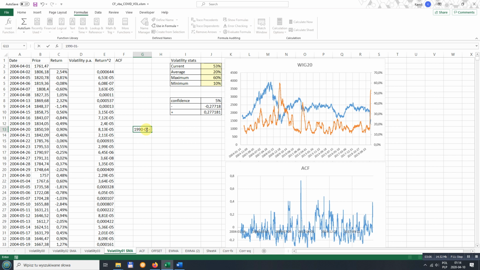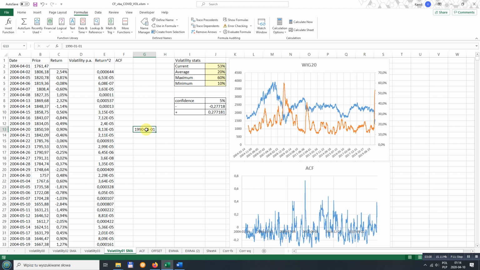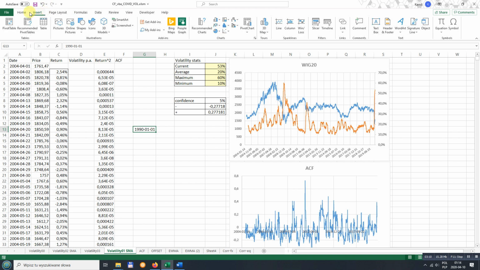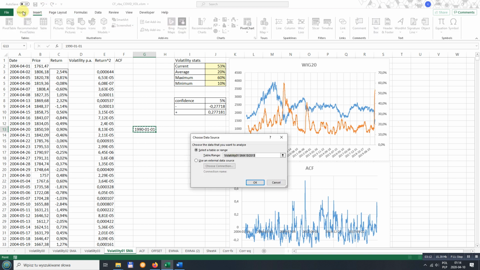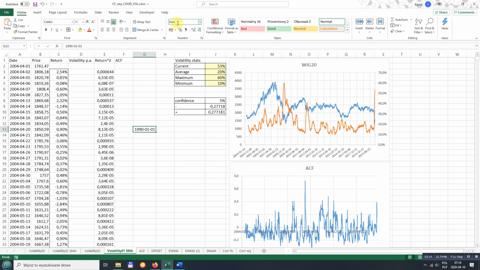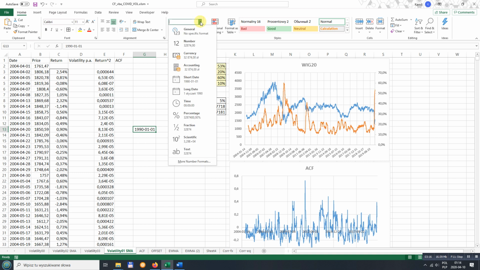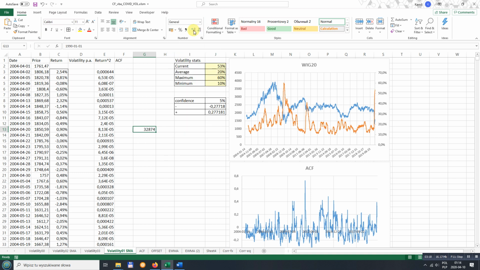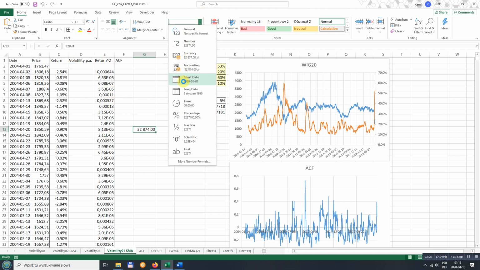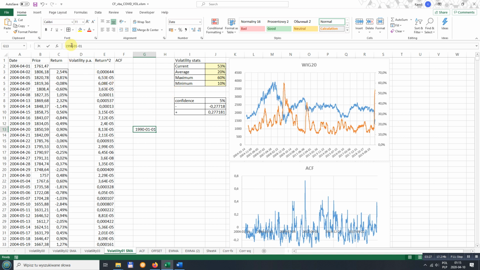So if you have a date like this, and if you are sure that this is a date format, if you change this to a general format, it should be 1. Sorry, this is 1990, but if we choose the beginning of our century, right, this would be 1.